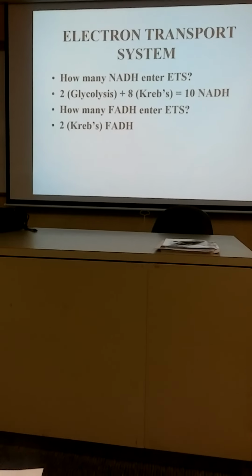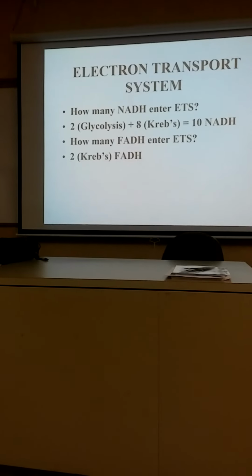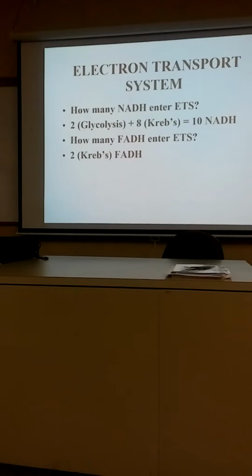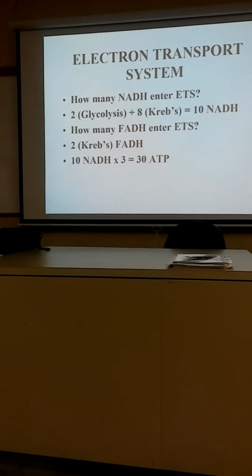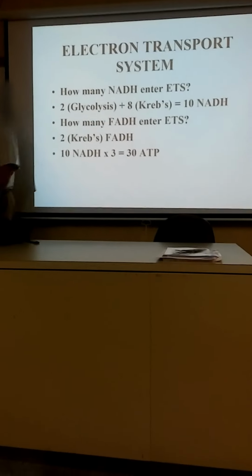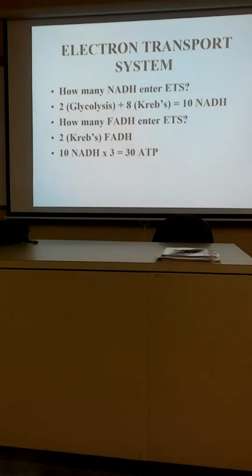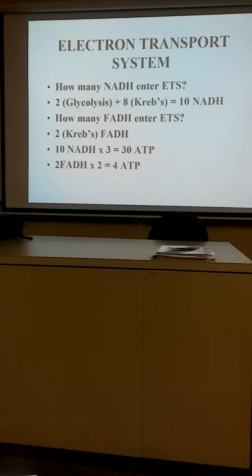Gives us 3, so if I got 10 of them, I can get 30. So 10 NADH, each individual is worth 3, I can get 30 ATP from those 10 NADH. Transport, how many ATP can I get out of electron transport?